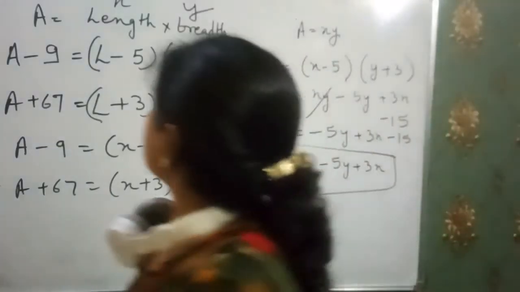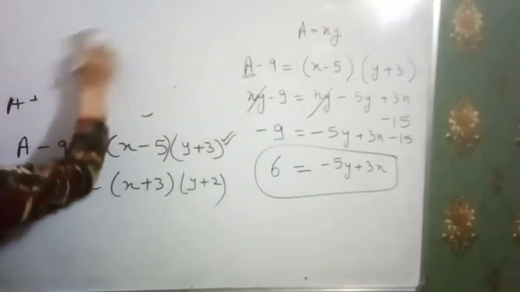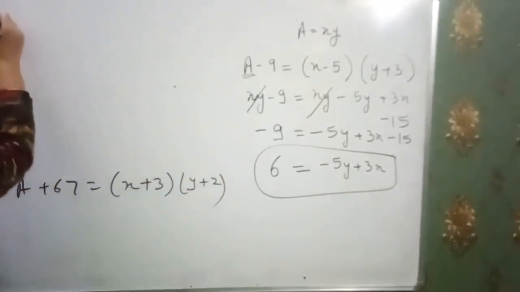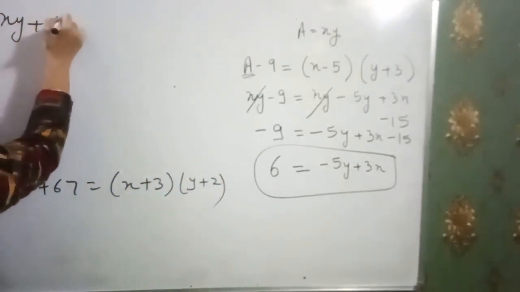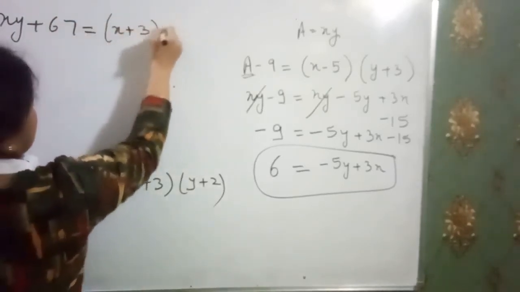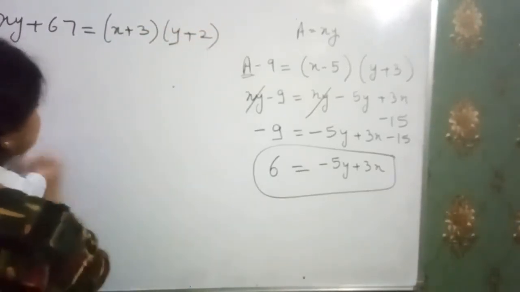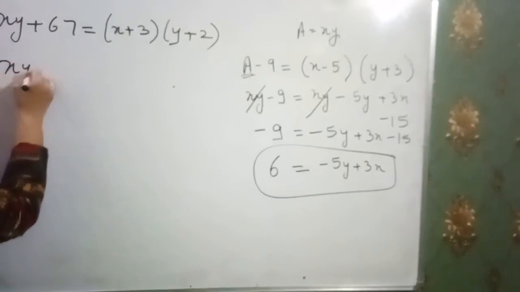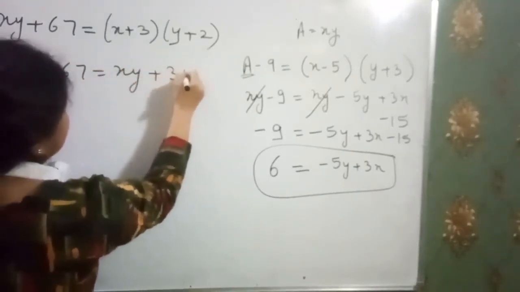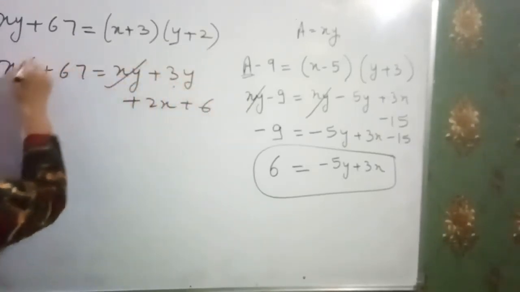Okay, let's do it. So xy plus 67 is equal to x plus 3 and y plus 2. Now multiply it. We have xy plus 67 is equal to xy plus 3y plus 2x plus 6. It gets cancelled.